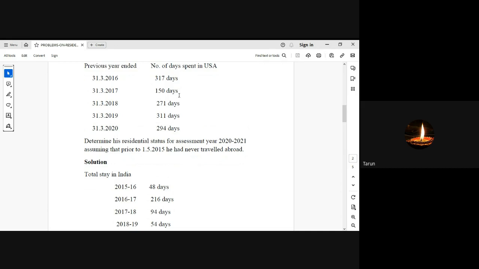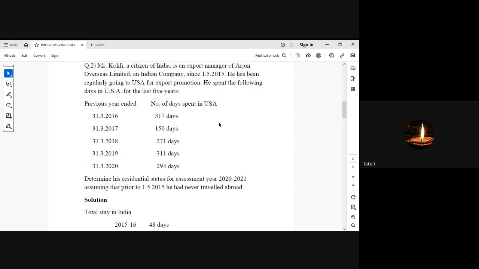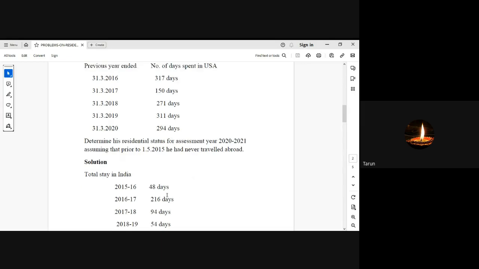So 365 minus 150 is 215 days, right? Then 2017-18: 271. You can deduct it out of 365 and you will get 94 days.